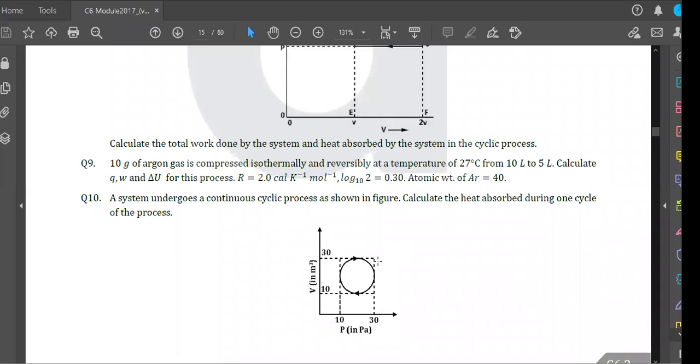And we know that in a cyclic process, delta T is 0. So Q is equal to work done, magnitude wise, obviously. Okay, everyone?